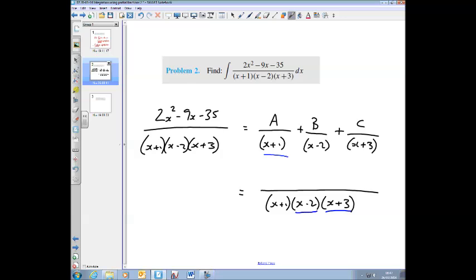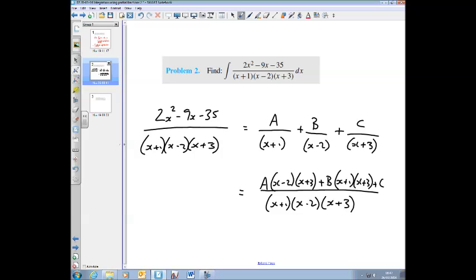So effectively, I'm going to have A times the other 2 factors apart from the one that's underneath A already. In other words, x minus 2 times x plus 3. And so on. What do I multiply B by? x plus 1, x plus 3. And C by x plus 1, x minus 2.